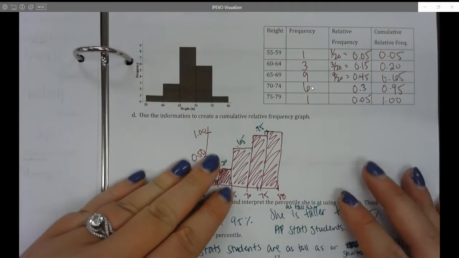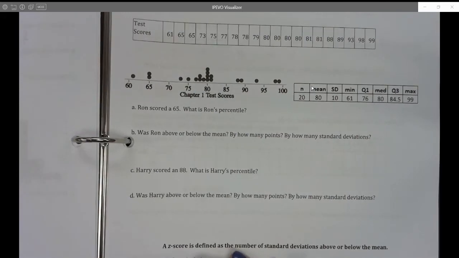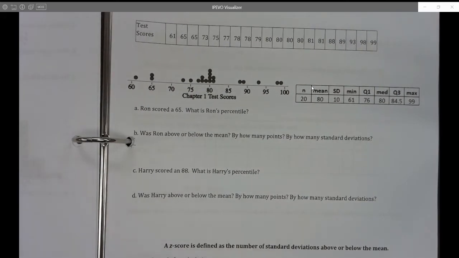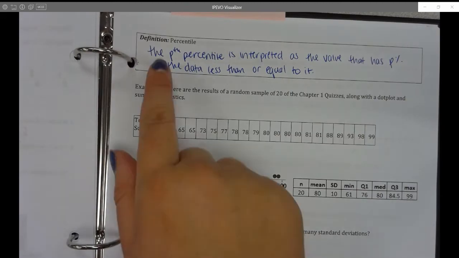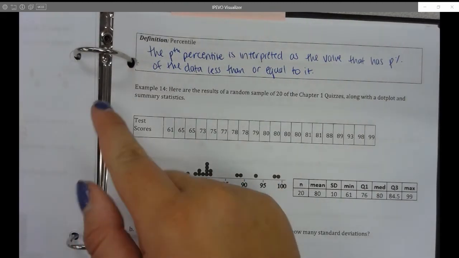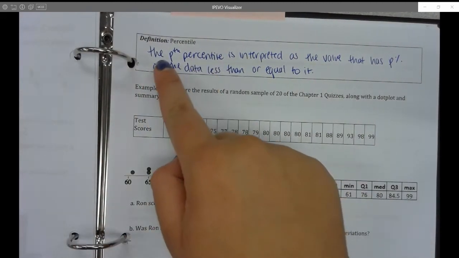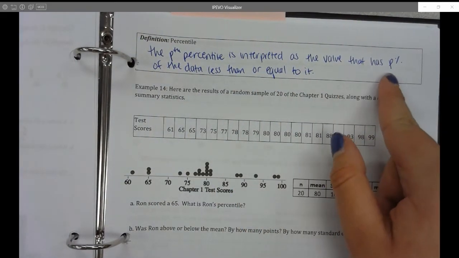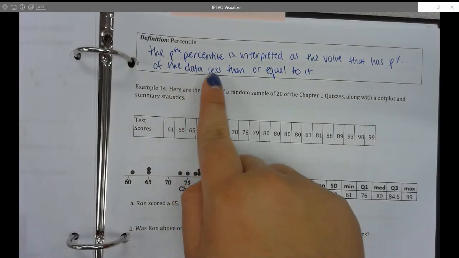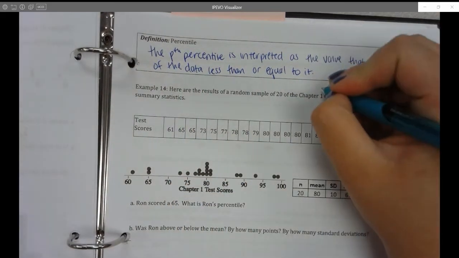Okay. All right, let's give some sort of actual name to what a percentile is. Okay, here on the next page. Alrighty, the P percentile is interpreted as the value that has P% of the data less than or equal to it. So I'll put a little star here.